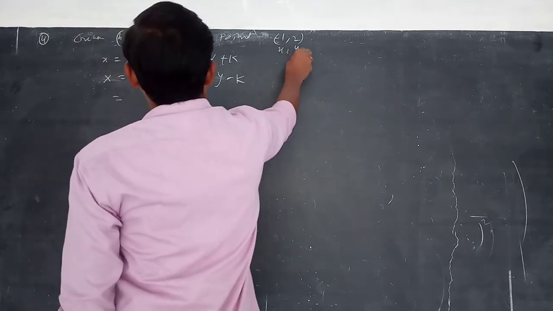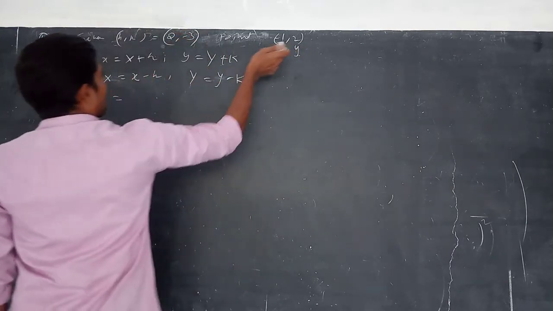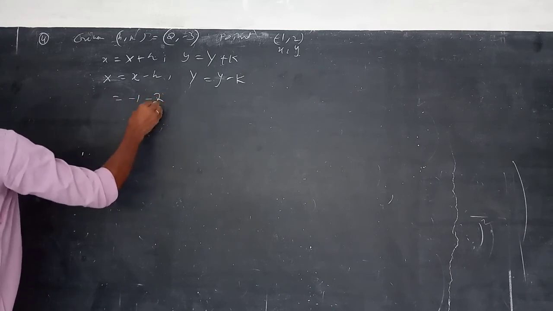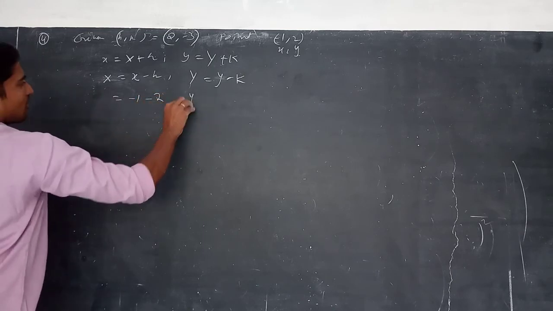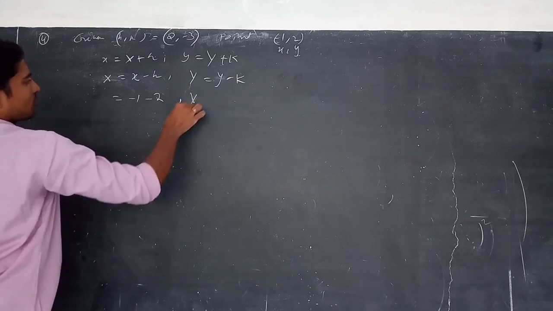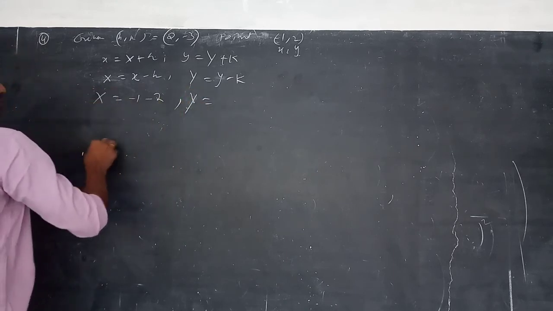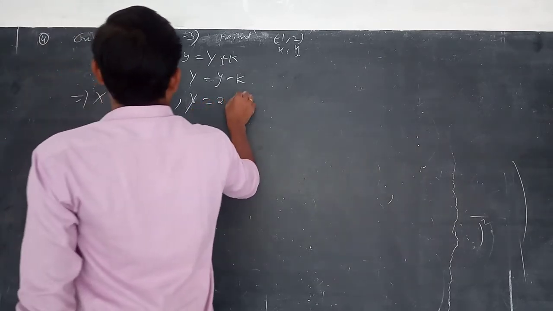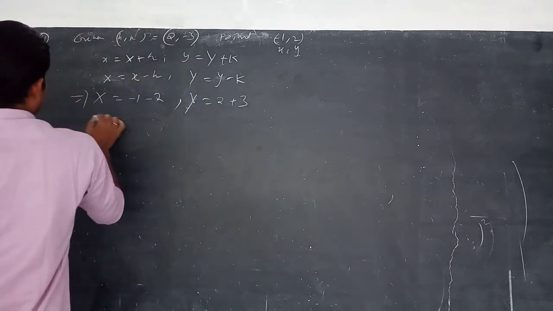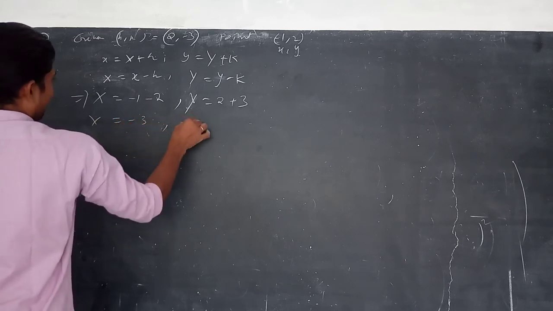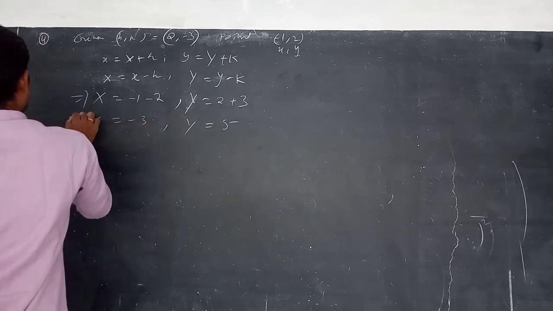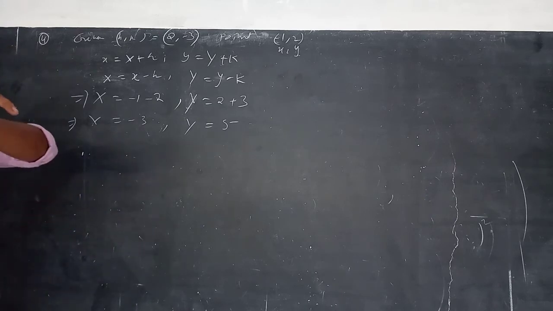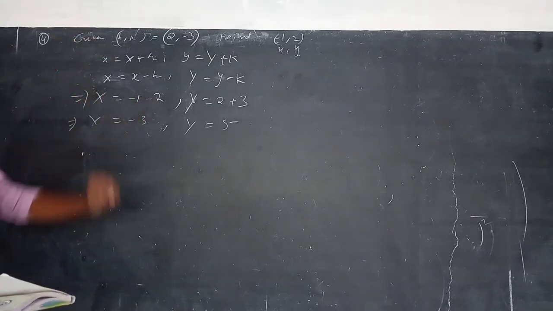Small x, small y, h comma k, minus 1, minus 2 comma y. Capital X equal to, implies small y, 2 plus 3, so capital X is equal to minus 3 and capital Y is equal to 5, minus 3 comma 5. So those are the coordinates of new axis.